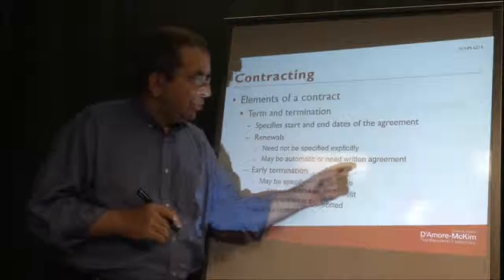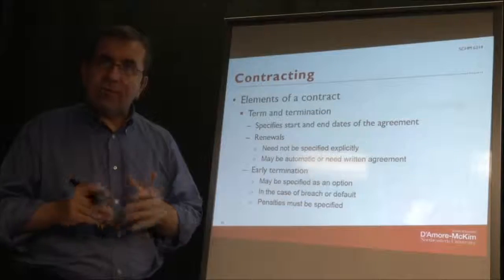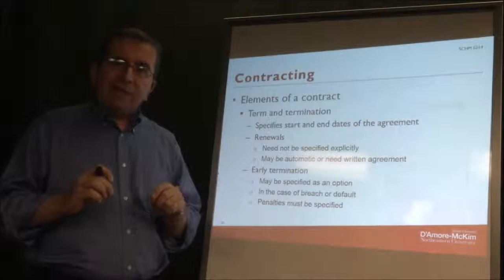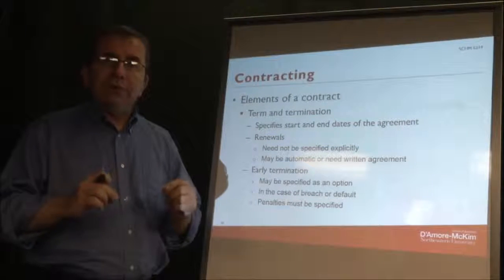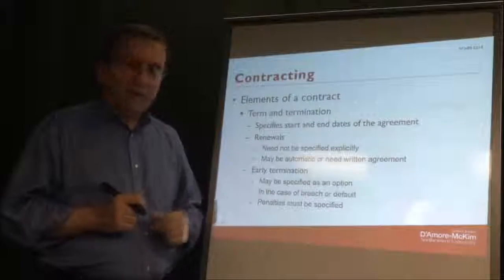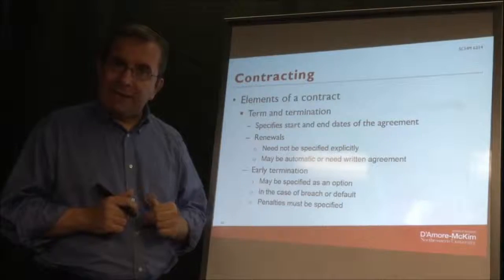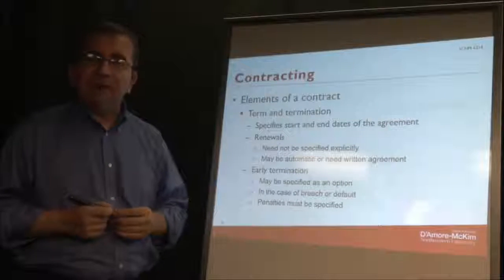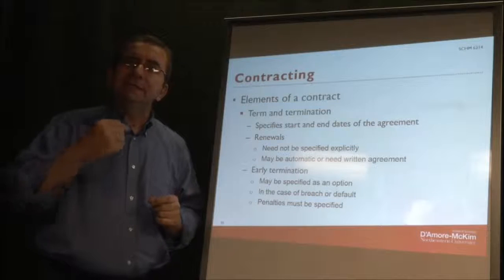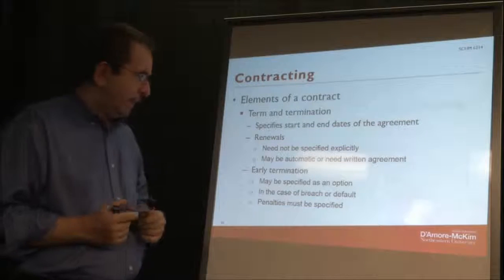Or you could stipulate in the contract that this contract can be renewed only with written agreement. When the end date comes, when the contract expires, then you need written agreement of parties to renew the contract. Okay.